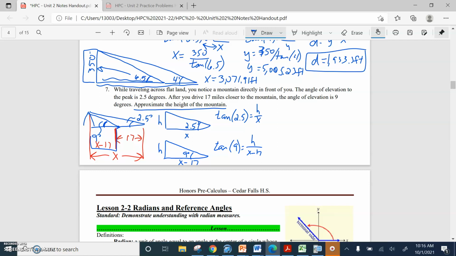No, wait. We don't want x. It says approximate the height of the mountain. So let's get h by itself on both of these. What that looks like is h is equal to x times tan 2.5, and h is x minus 17 times tan of 9.